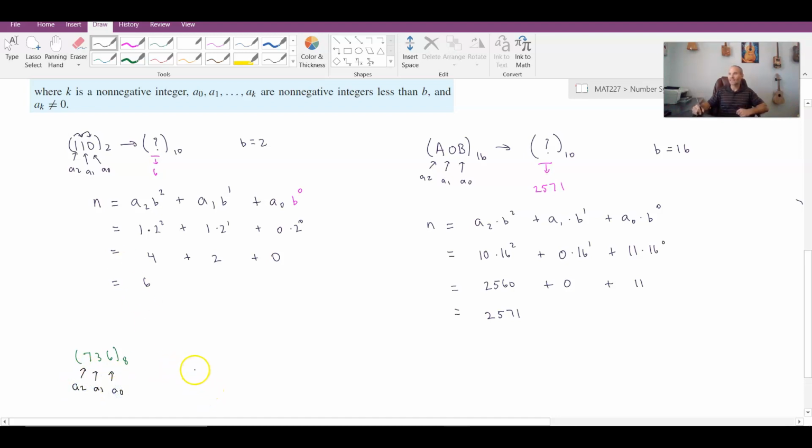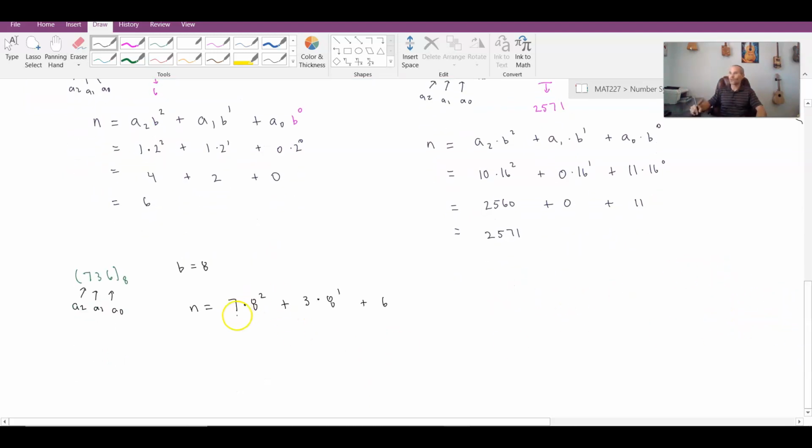And now that we have this neat little algorithm where B is equal to 8, we know that the integer, or the decimal base 10, representation of 736 in base 8 will be A2 times 8 to the 2 plus 3 times 8 to the first plus 6 times 8 to the 0, which I'm just going to go ahead and omit since that's just the number of individual ticks that we have.